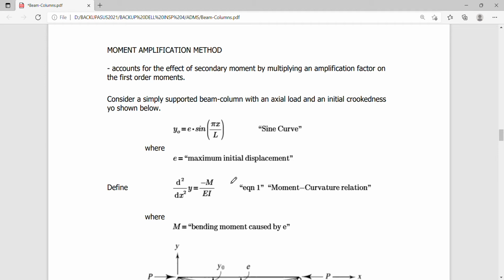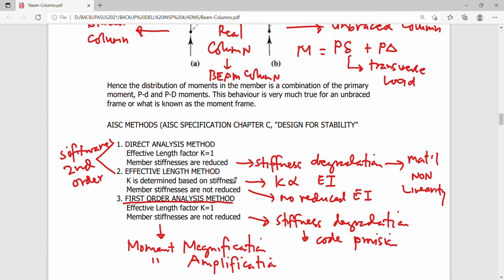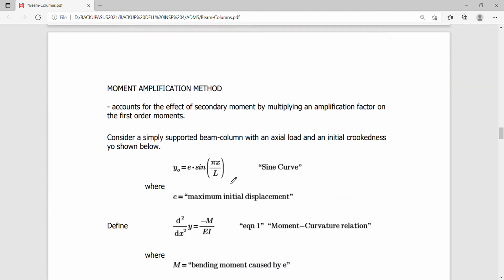Hello guys, this is a continuation of my first lecture on the beam column behavior. So this is all about the moment amplification method, which is part of Method 3 of the AISC on stability, K-frame stability analysis.